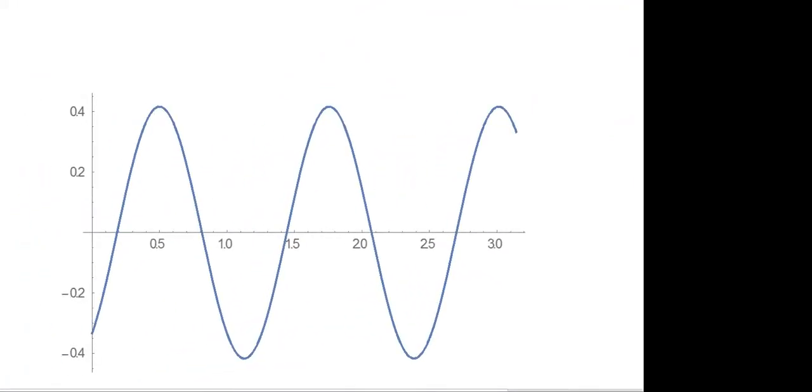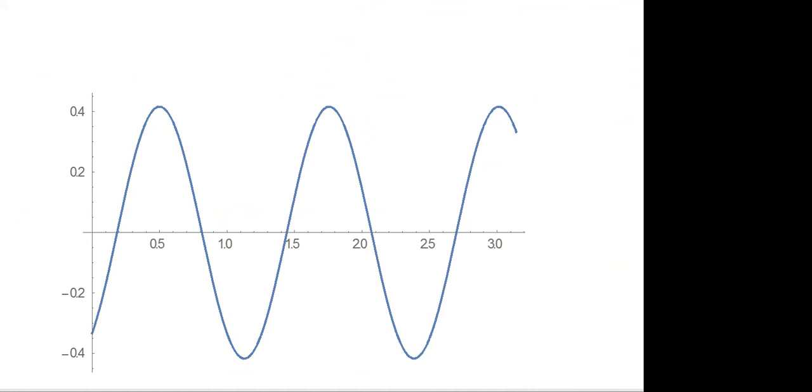Okay, I provide the graph. So the first point, based on the description of this problem, let's do it one by one.